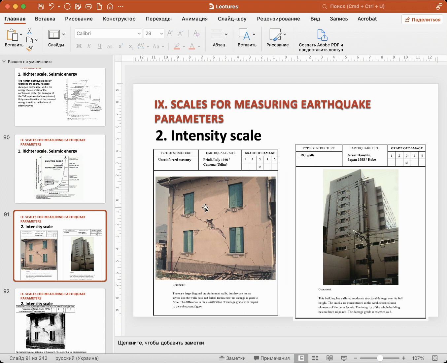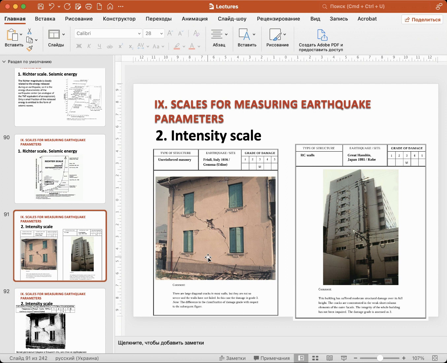When we have found out the structural scheme of the building, we have to find the certain blank for that building. For each structural scheme of building, we have a certain blank. We have one blank for unreinforced masonry, another blank for reinforced masonry, an additional blank for reinforced concrete walls, and an additional blank for flat slab buildings.